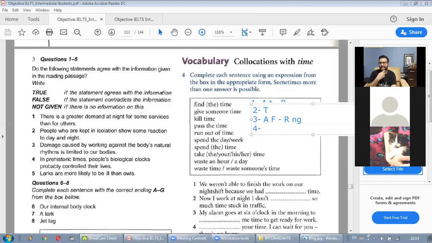I'm going to pay the price for this. Okay, just say false, okay? And what about Rima? What do you think? False. Okay, Rima thinks it's false. And the last question? Not given. Both of you not given? I didn't get the thing: larks are more likely to be than owls. So I did not given anyway.